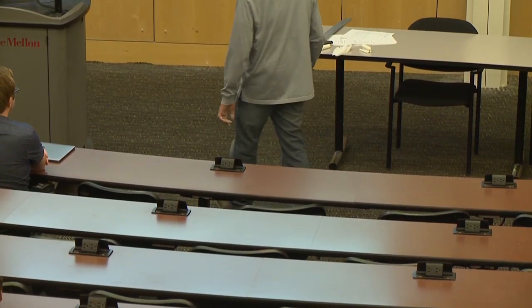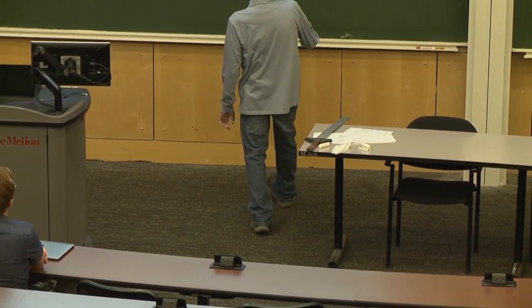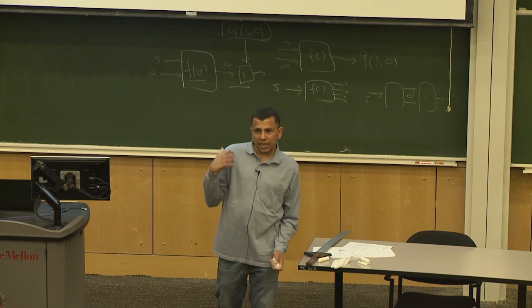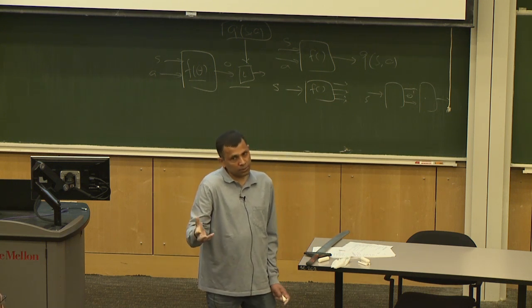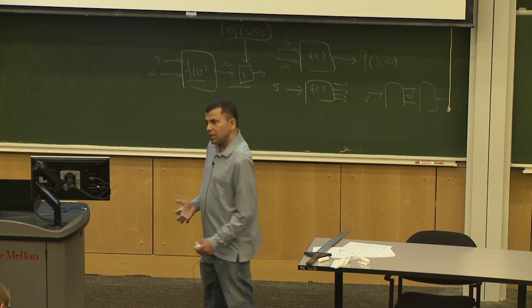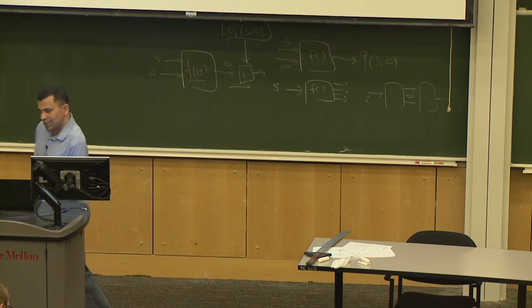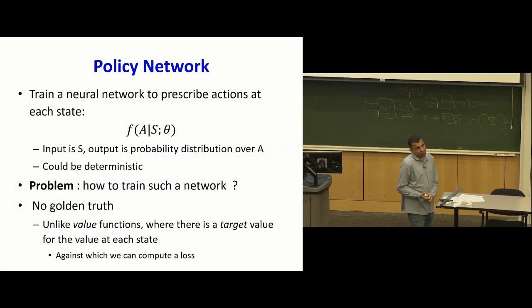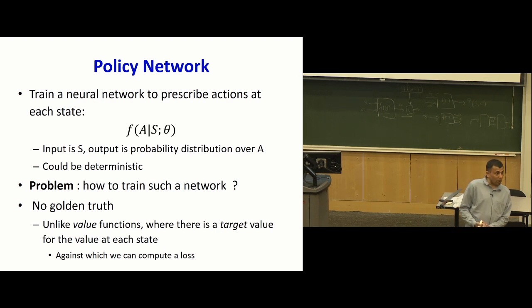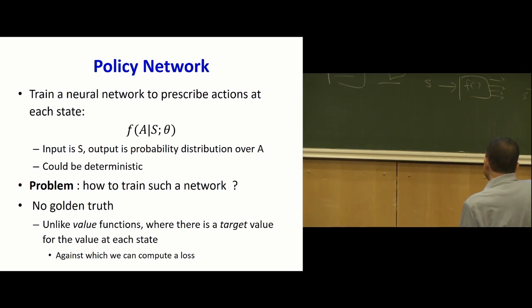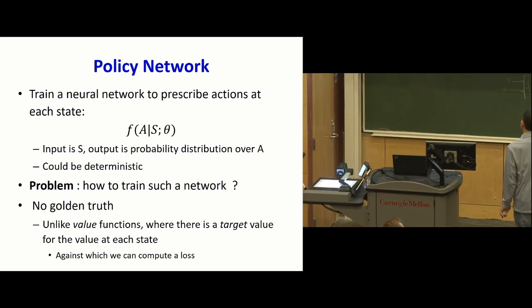So regardless, you have this function f, which is parametric, which takes in a state and gives you probabilities for the various actions. And you want to learn this function such that it gives you a policy that maximizes your expected return. In other words, you want to learn the optimal policy function f.